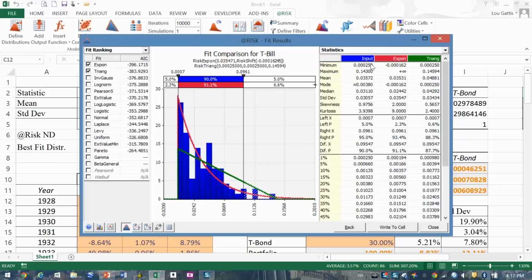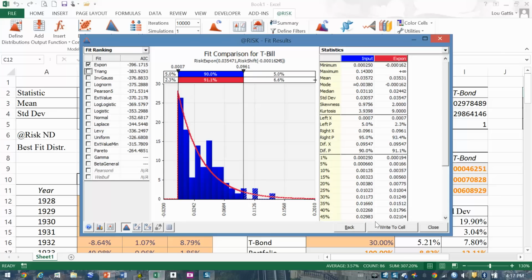So all of these are bounded, the actual data, the exponential and the triangular are bounded on the left tail, and the exponential function is unbounded on the right tail, whereas triangular and the actual data is bound, obviously, this historical data. So I'm going to click off the triangular.